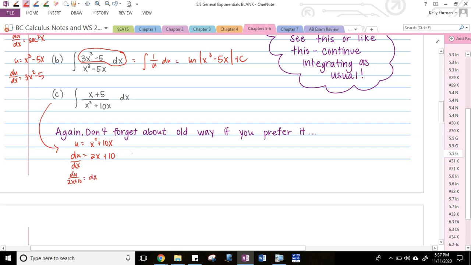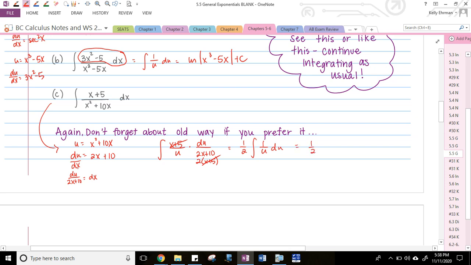And so the old way is to say, I'm going to sub this in. This is really the integral of x plus 5 over u times, what is dx? du over 2x plus 10. And then you need to recognize that 2x plus 10 is 2 times x plus 5. Boom. So you have 1/2 times the integral of 1 over u du.